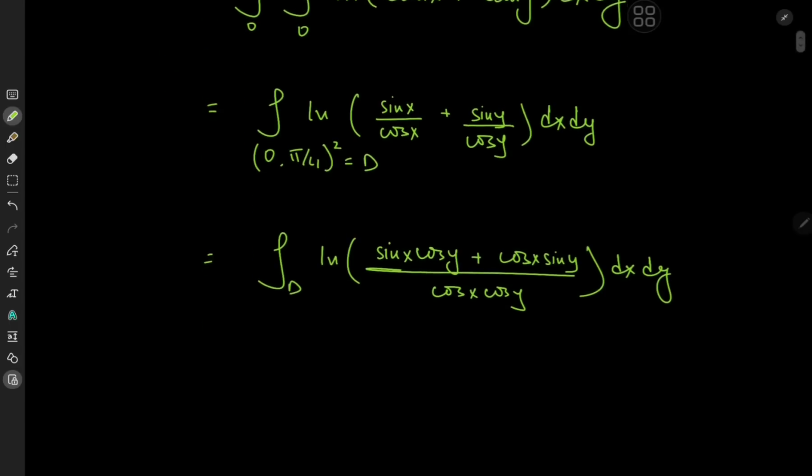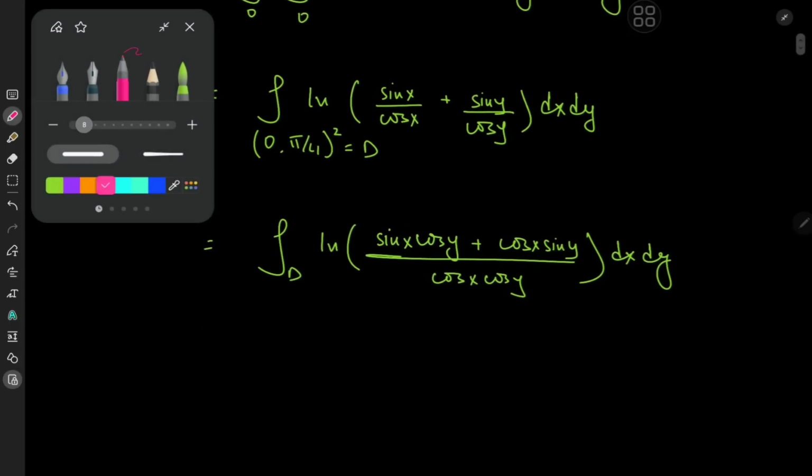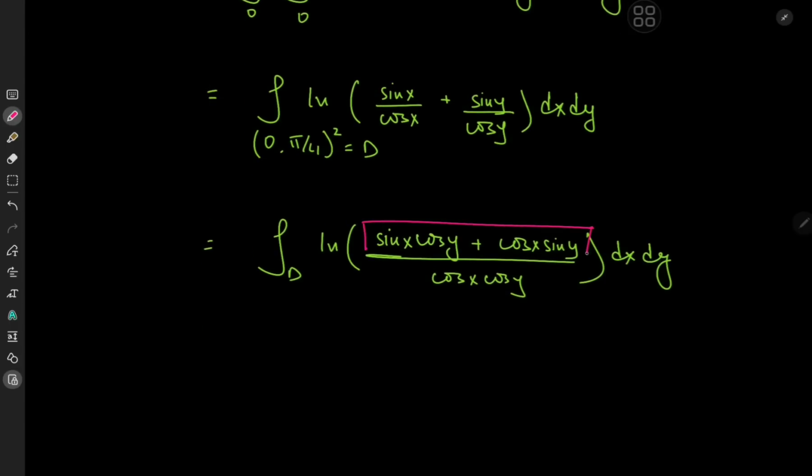Now in the numerator, notice that what we have is exactly what sin(x + y) looks like. So we're going to make use of this plus the properties of the logarithm. We can express this as the difference of two logarithms.